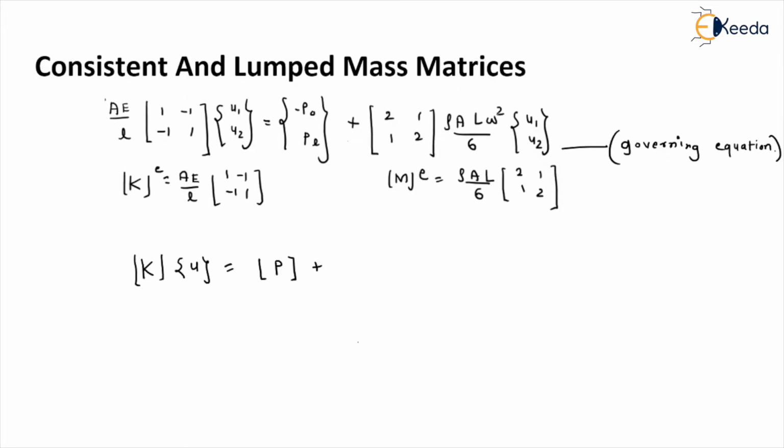Here omega is the natural frequency, so this whole portion can be written as mass, and omega is my natural frequency, u is my displacement vector. So this is the governing equation or equation of motion.